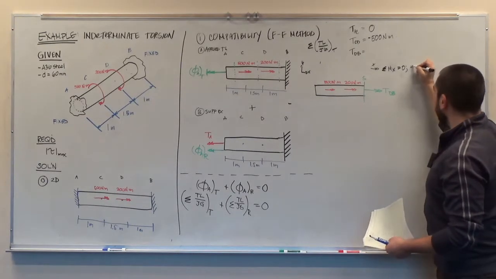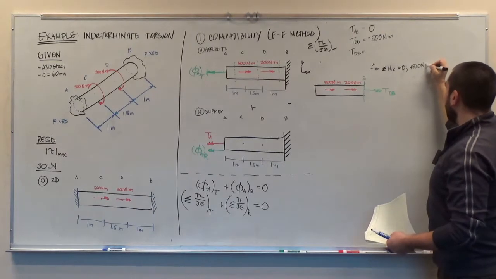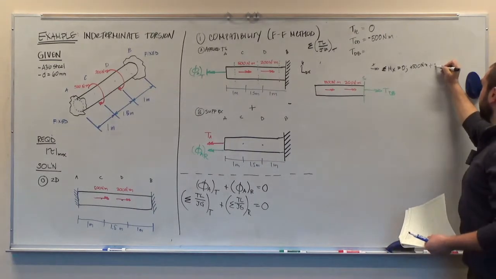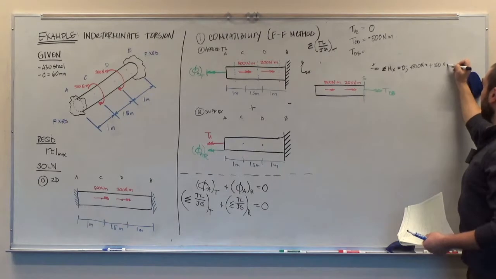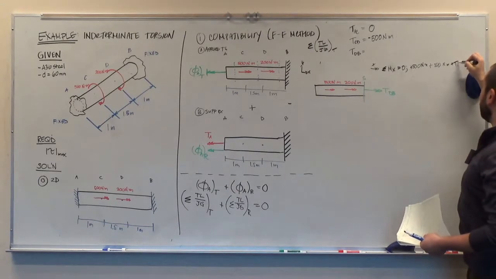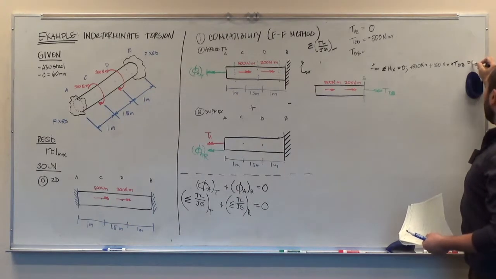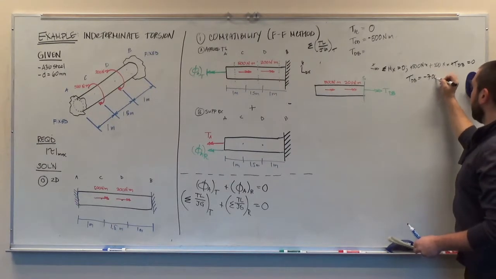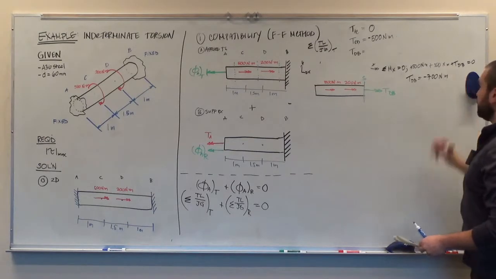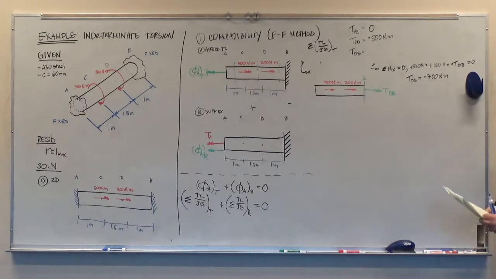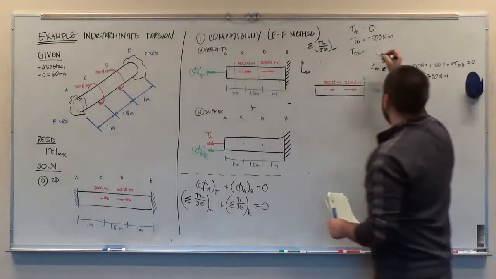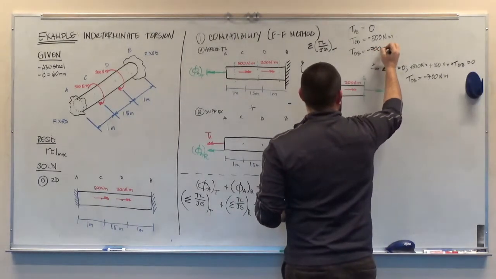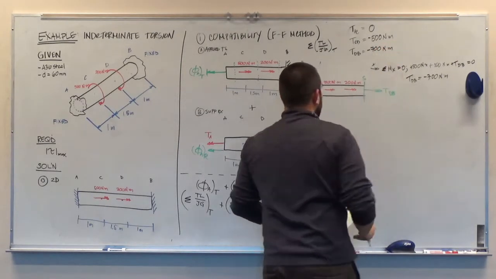It's positive 500 Newton meters plus 200 Newton meters plus torque DB equals 0. So I get that the torque between D and B is equal to negative 700 Newton meters. Okay, so I can put that up on my table now. I get negative 700 Newton meters.